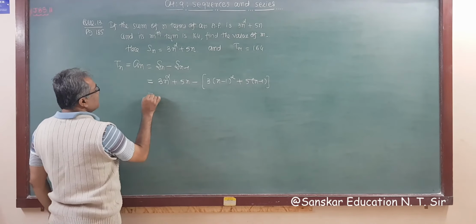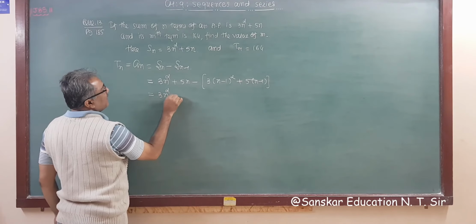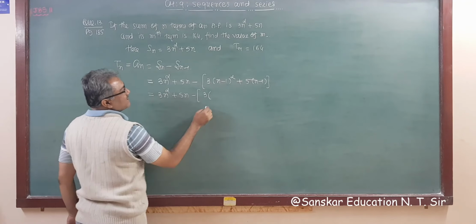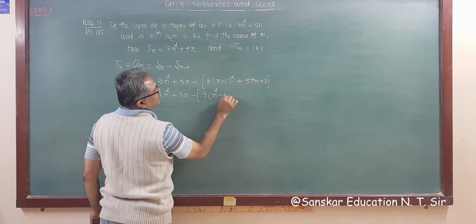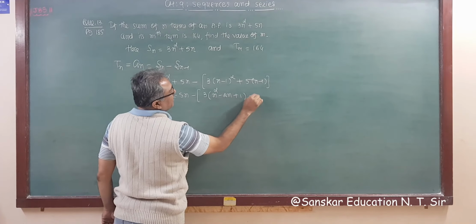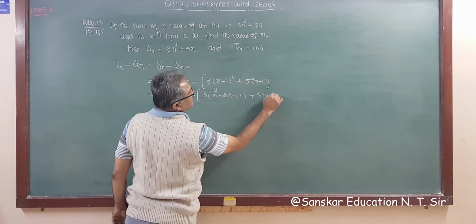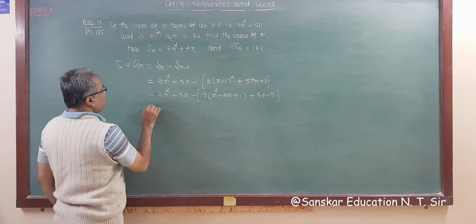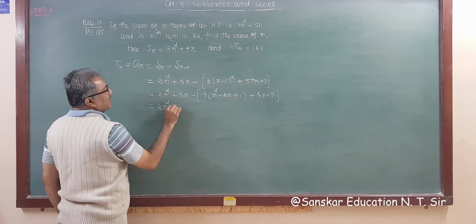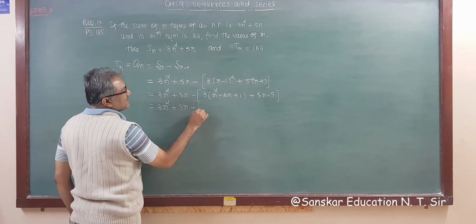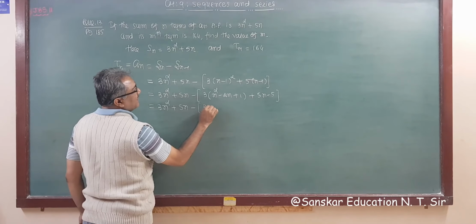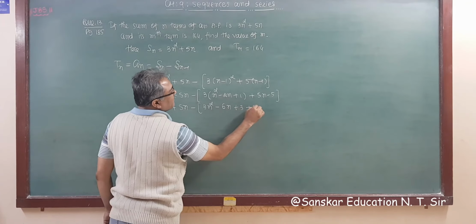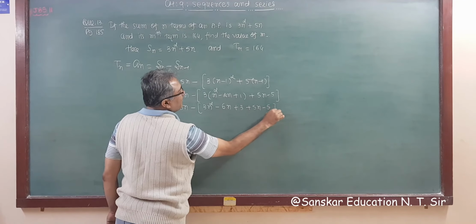So this is 3n square plus 5n minus 3 times, now expansion of this, n square minus twice n plus 1, plus 5n minus 5, right? So what we get, 3n square plus 5n minus, multiplying by 3, this is 3n square minus 6n plus 3 plus 5n minus 5.